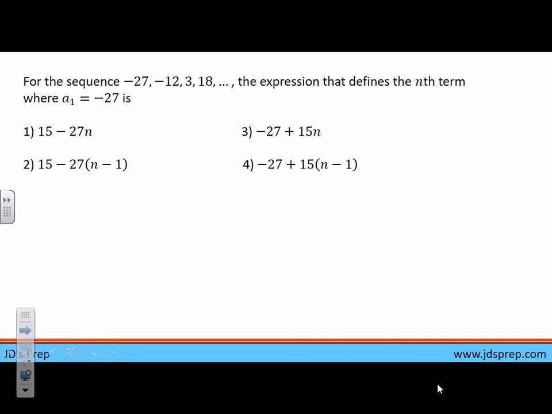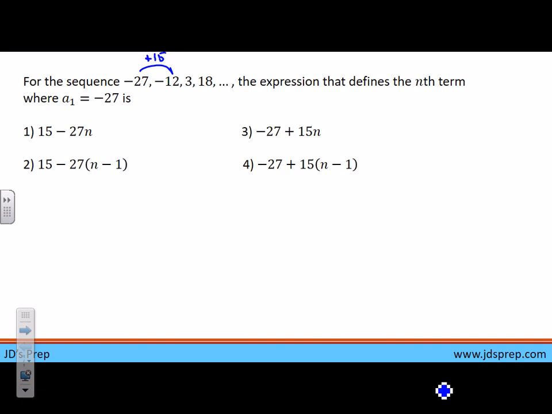For sequences like this, if we want to define the nth term of the sequence, a good place to start is to check and see if you have the same amount being added from one term to the next consistently throughout the sequence. So for instance, if I'm looking in between these first two terms, the -27 and the -12, I'm adding 15 to get from -27 to -12.